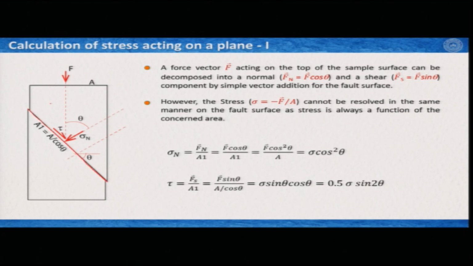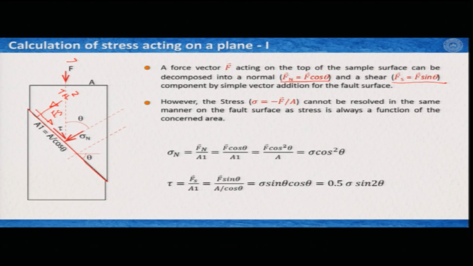Say if I have this force acting on this, then normal to this would be your normal force, that is your Fn, and parallel to this surface would be your Fs. This is a simple vector operation. So Fn would be F cos theta and Fs would be F sin theta. So this is how we can calculate the forces acting on this plane. One is the normal component, another is the shear component.